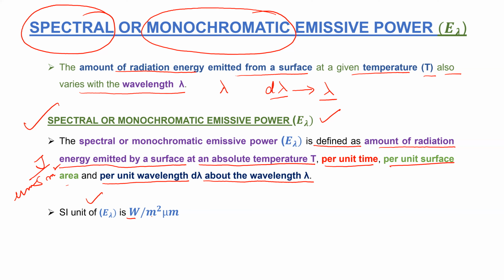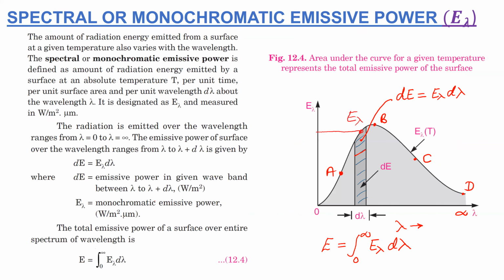It is watt per meter square per micrometer. Sometimes it can also be written as watt per meter square meter. When we take the wavelength in meters, the unit of spectral emissive power will be watt per meter cube. But in most common cases, we take it as watt per meter square per micrometer because we take the wavelength in microns or micrometer.